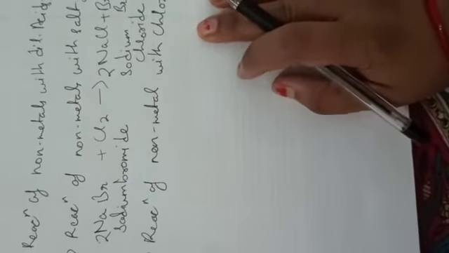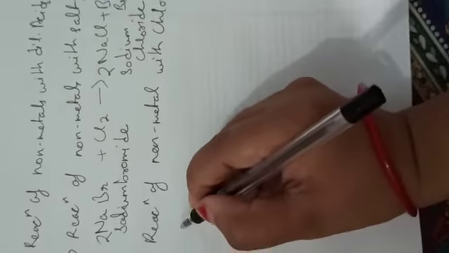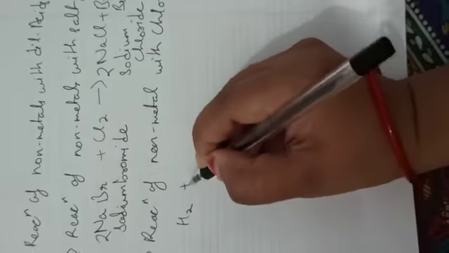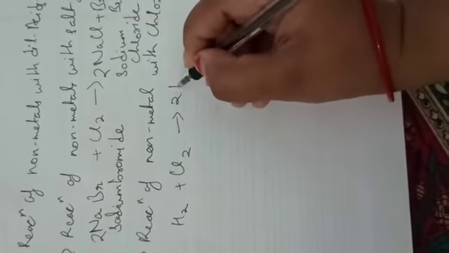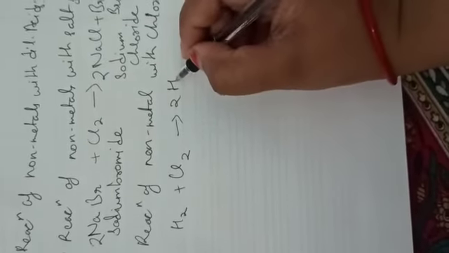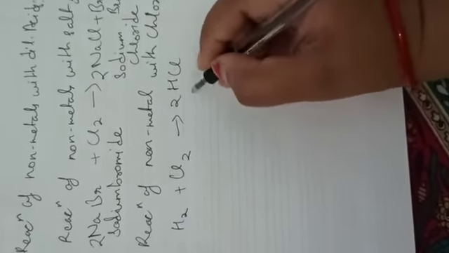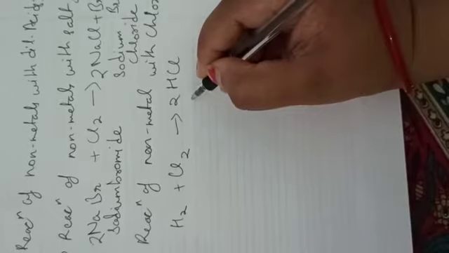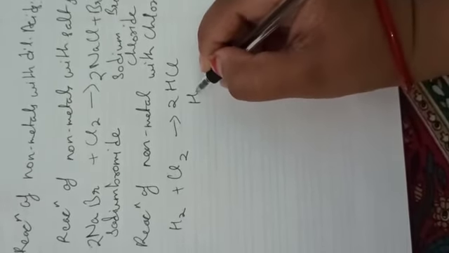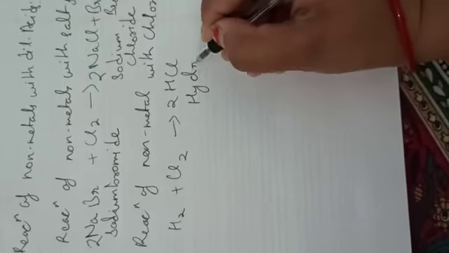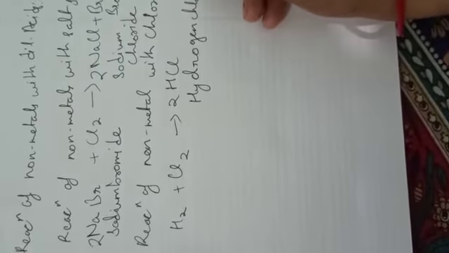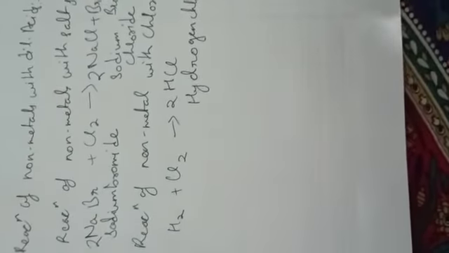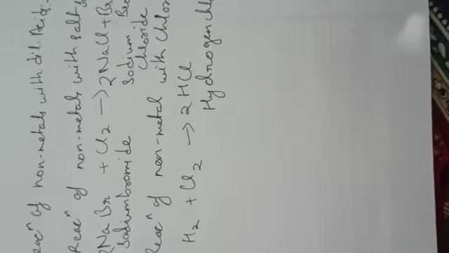So for example here, hydrogen and chlorine will react to form two molecules of hydrogen chloride. Okay, this is your hydrogen chloride. So here two molecules of hydrogen chloride are formed in this case.